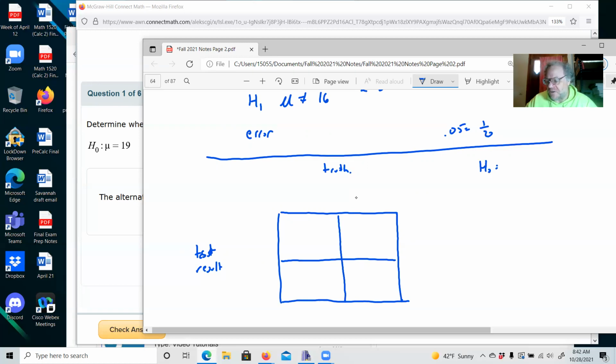But H0, our null hypothesis, is that the person on trial is innocent. I know there's a lot of issues with this. And H1 is that they're not innocent. For shorthand reasons, I'm just going to use guilty. So instead of a test result, we're going to have a jury finding.